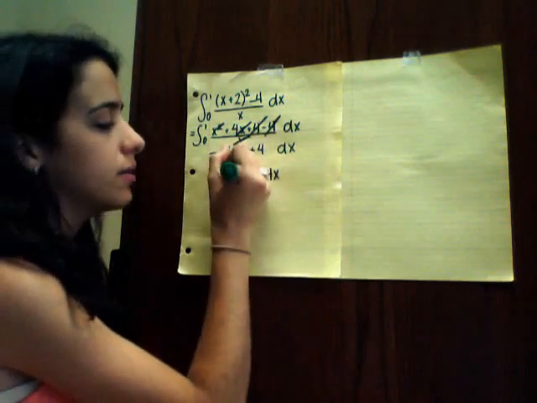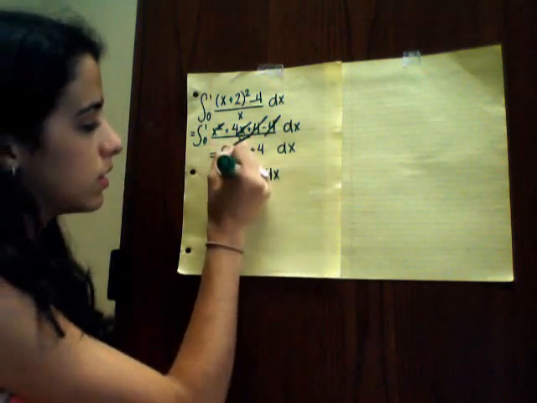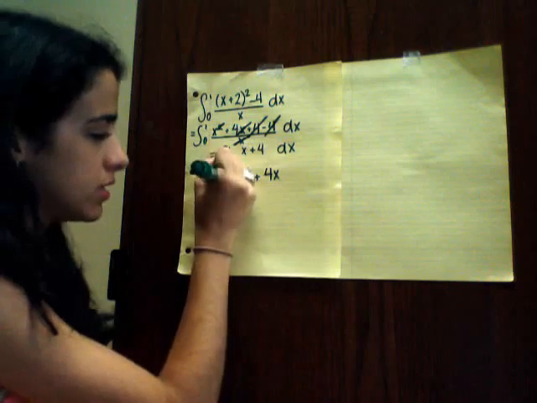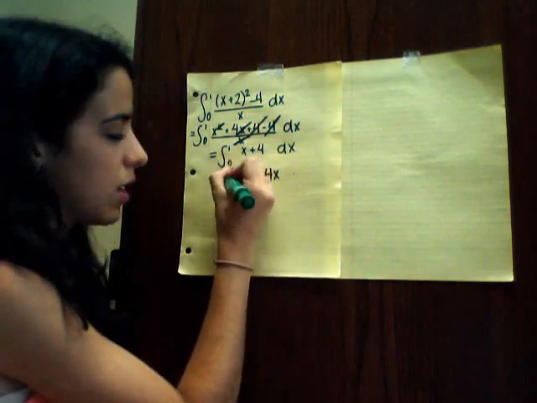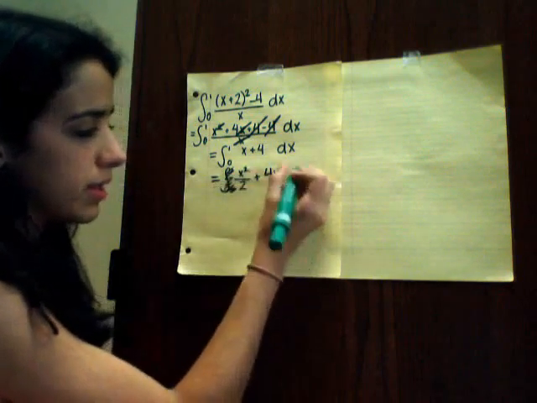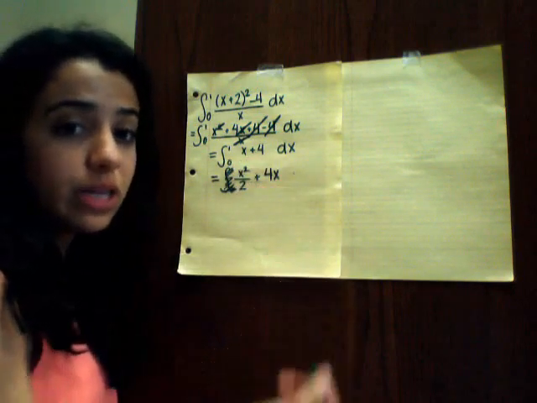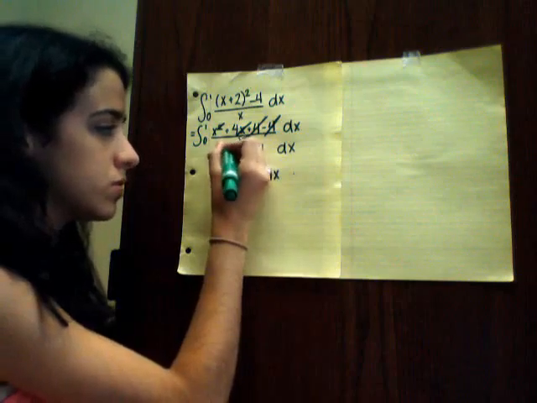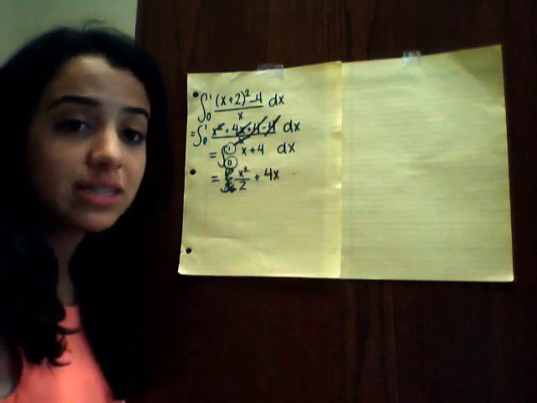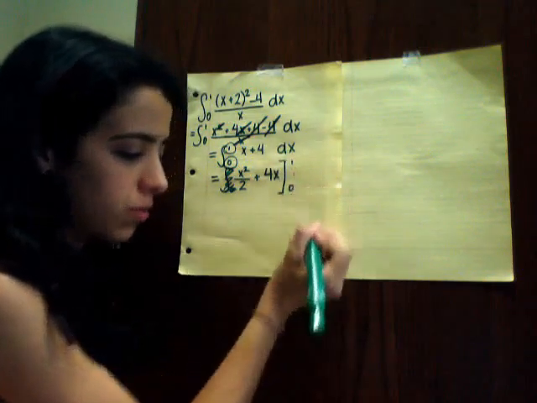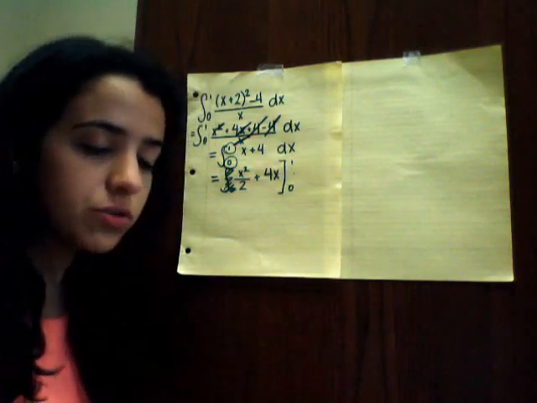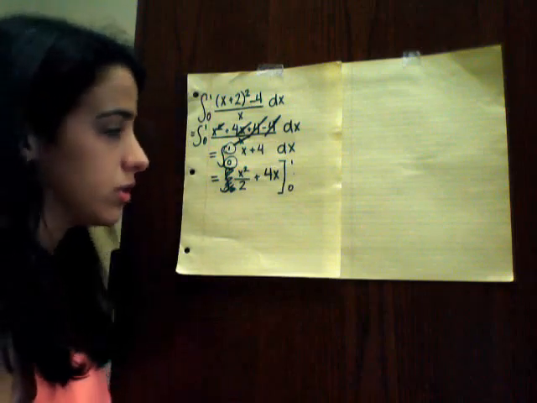And as x goes from 0 to 1, since this is our equation, we need to find these values in order to make it a definite integral.